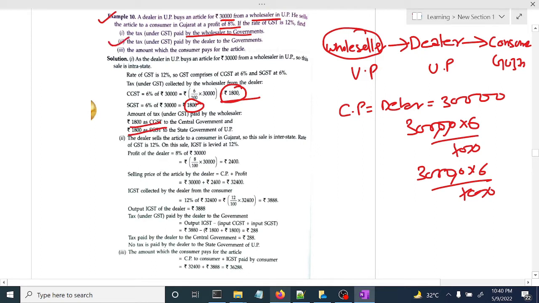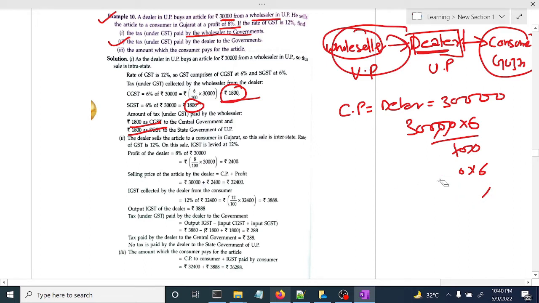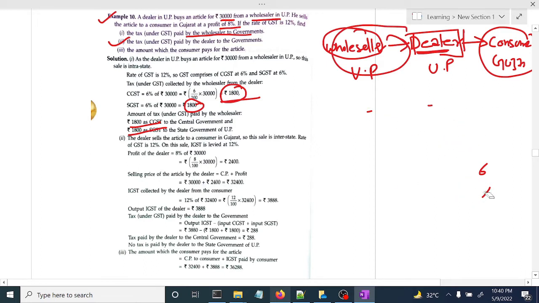Then the tax paid by dealer to government, the tax liability for dealer. What will the tax liability be? Output tax minus input tax. So we'll calculate the output tax.